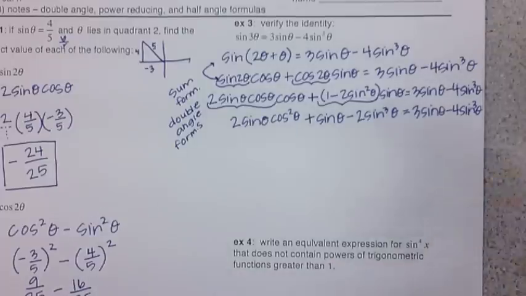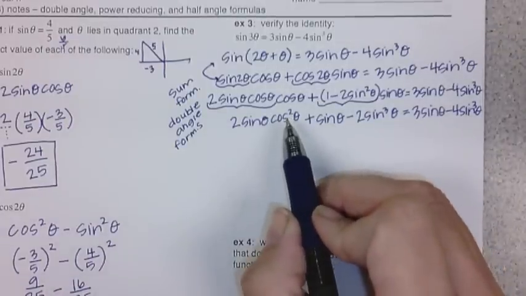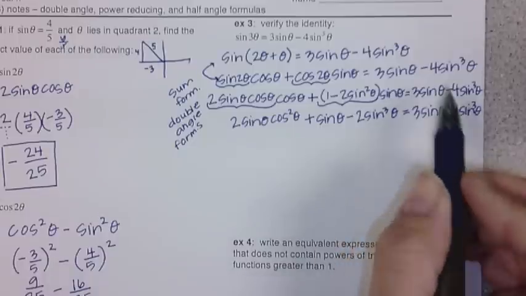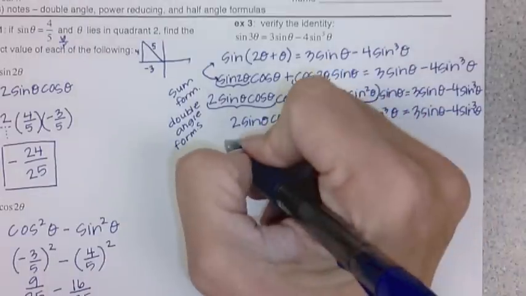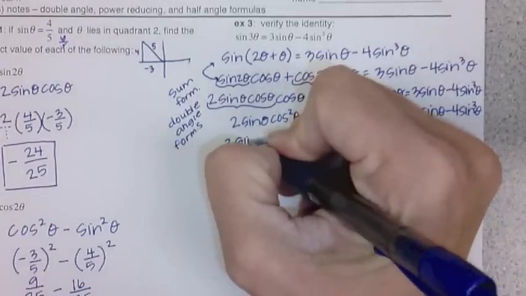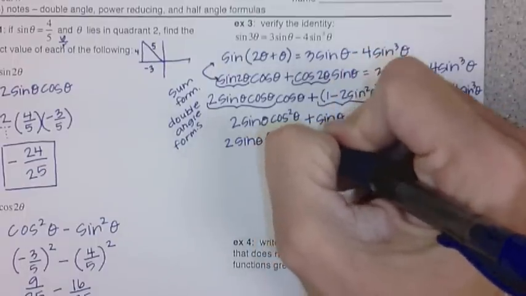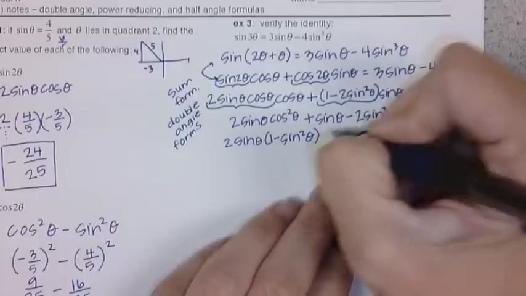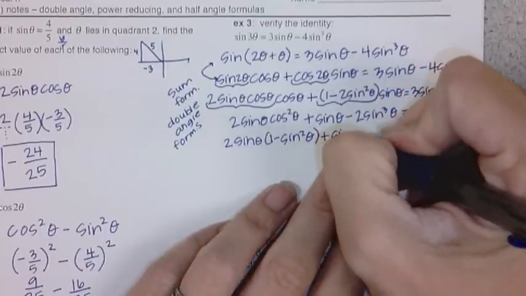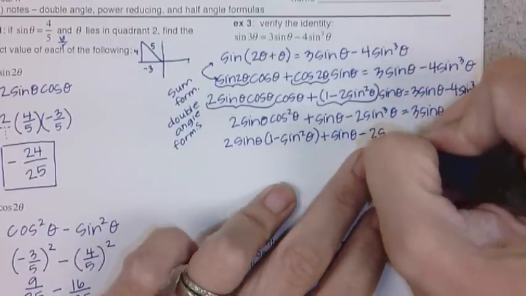Okay, so now what I'm going to do next is, because I have a cosine squared theta here and the right side is in terms of sine, I'm going to change the cosine squared using one of the Pythagorean identities. So this is 1 minus sine squared theta plus sine theta minus 2 sine cubed theta.